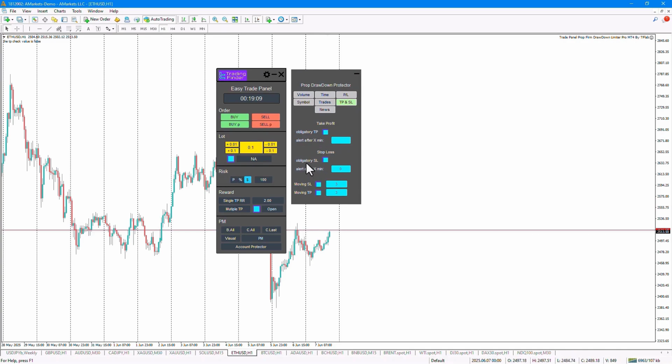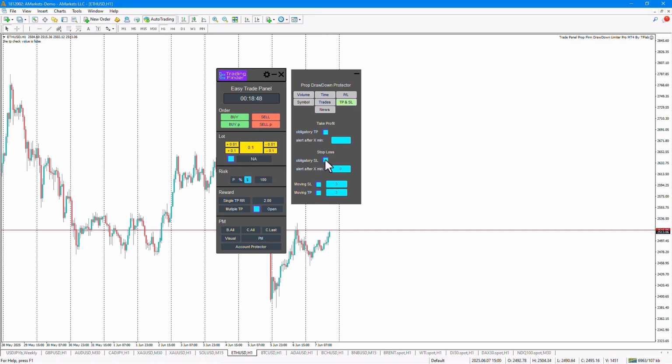Below that section is the part related to stop loss, where in some trades we may need to specify the stop loss level after some time has passed, and it is necessary for us to execute our trades without setting a stop loss level initially.